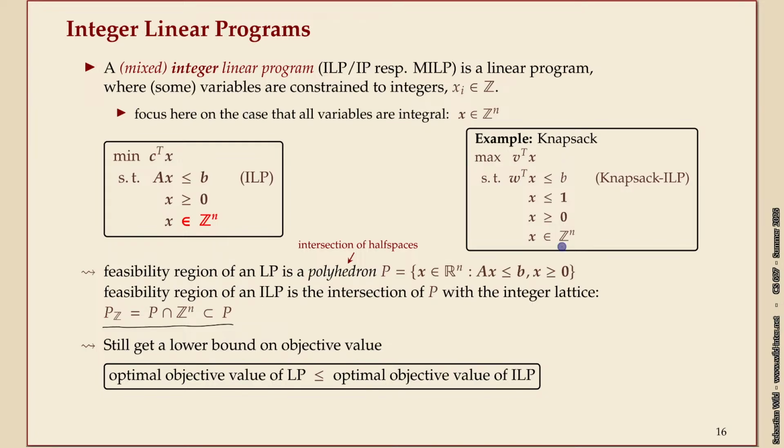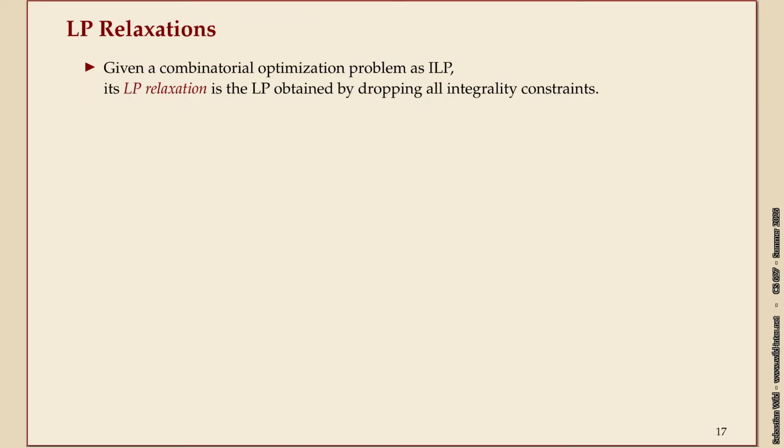You're just dropping one constraint. And so this is something we can use to our benefit, because again, remember, LPs can be solved quickly. In theory terms, polynomial time is for free.